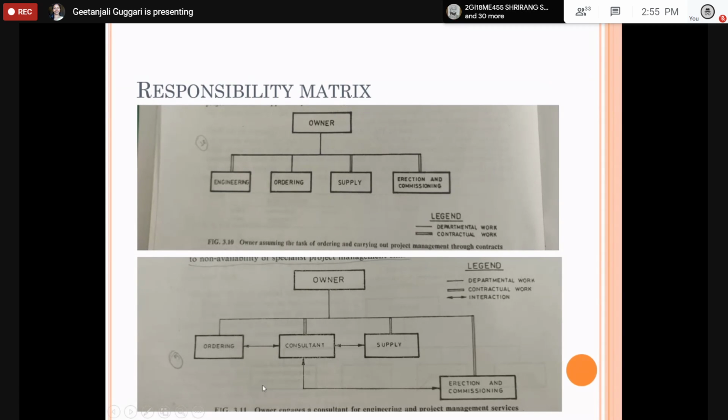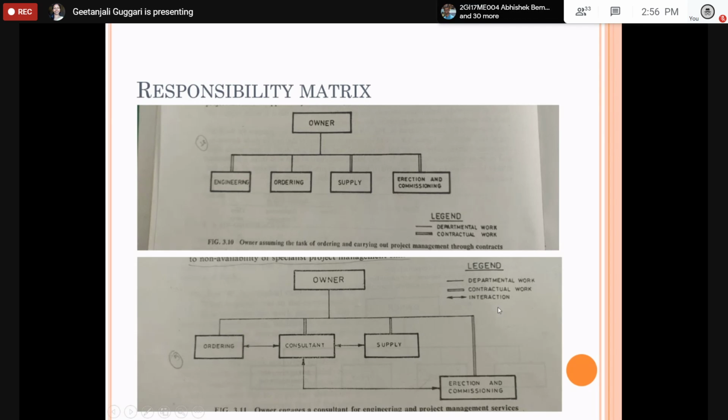So one more case is there. Here, the owner engages a consultant for engineering and project management itself. So here you can see the single line is departmental work, the double line is contractual work, and the arrowhead represents the interaction between these two.